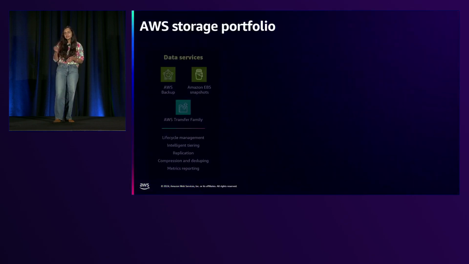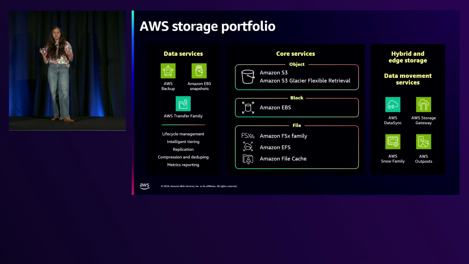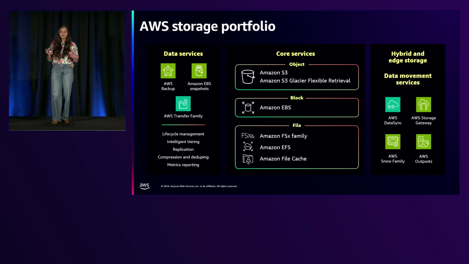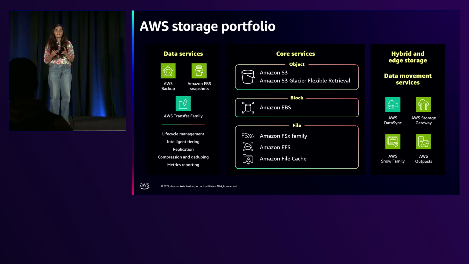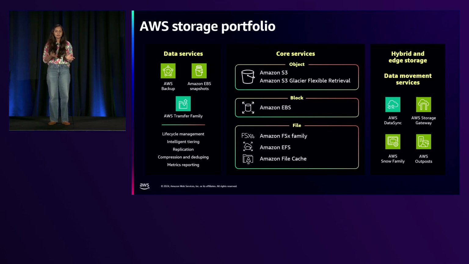All right, so before we dive into snapshots, let's spend a minute talking about our overall storage portfolio. At the heart of your data architecture is where you put your data. And AWS has a number of solutions that are tailored to your needs. In the middle, as you can see, we have our core services. For object level storage, we have S3, which you might be familiar with. For block level, we have our very own Elastic Block Store, or EBS.